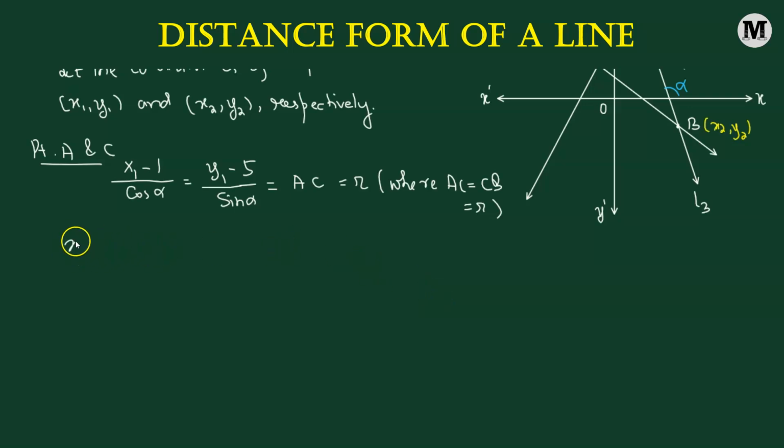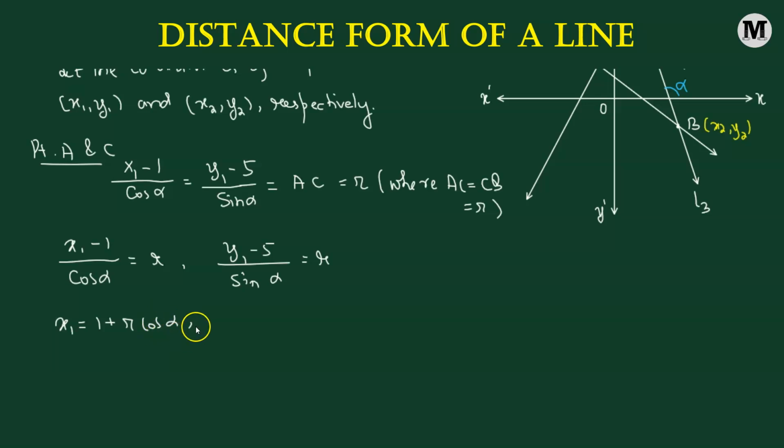Now we have x1 minus 1 divided by cosine of angle alpha equals r, and y1 minus 5 over sine of the angle alpha equals r as well. So x1 becomes 1 plus r cosine alpha, and y1 becomes 5 plus r sine alpha.